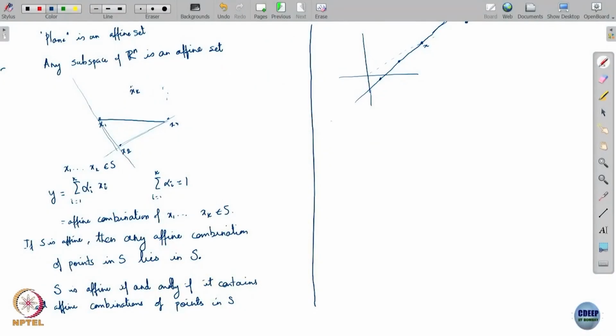So, if S is affine, and say x0 belongs to S, and look at the set V. V is just x minus x0 as x ranges through S. So, what I am doing is I have taken this set S, taken some point x0 in it, and subtracted that from all the points in the set.